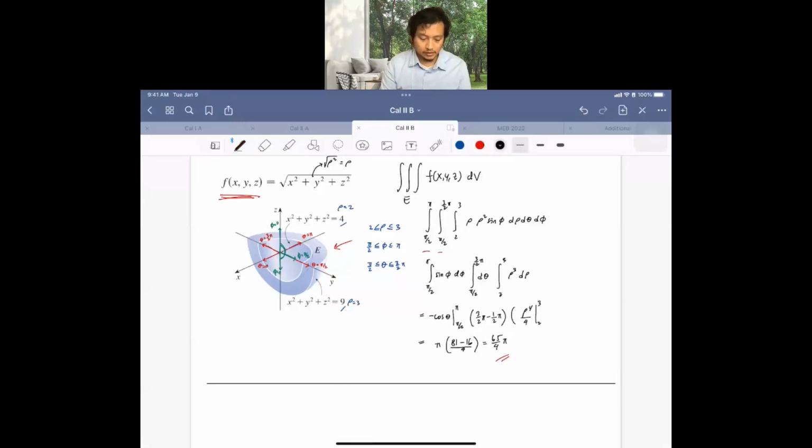This lecture is 15.9. This is what we call the change of variables in multiple integrals.